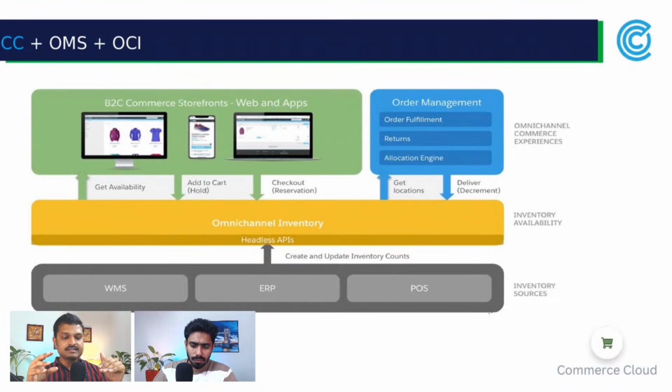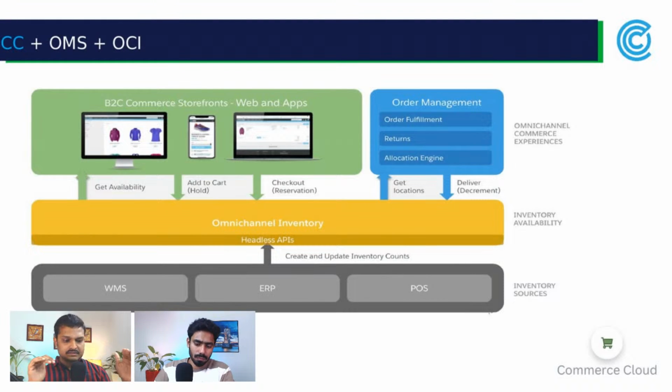The order management system will again communicate with Omnichannel Inventory to know in which locations the inventory is available, and it will route. You can see the allocation engine here. The allocation engine will transfer the reservations to the locations from the location groups, and the inventory will get decremented in the Omnichannel Inventory once the item is shipped.